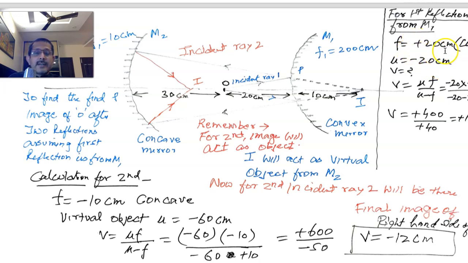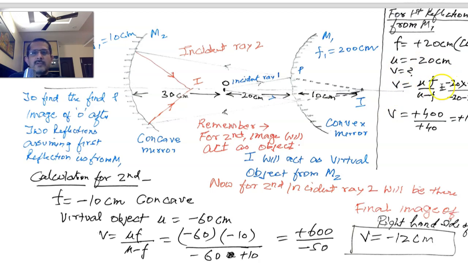Why the direction of focus is plus 20? Because if we complete the sphere, the focus is somewhere inside, and the direction from pole to focus is similar to the incident ray. Hence, it is plus 20. u is equal to minus 20 centimeter, which I have already explained.